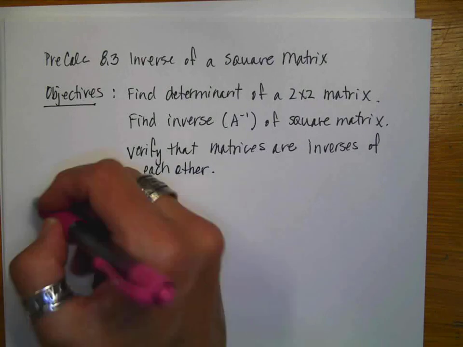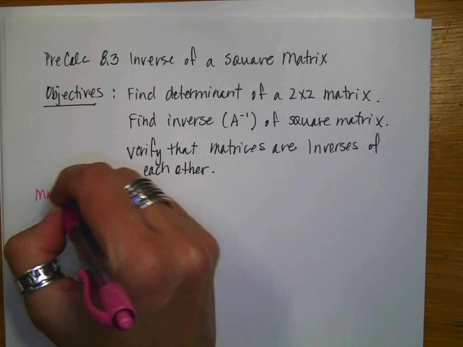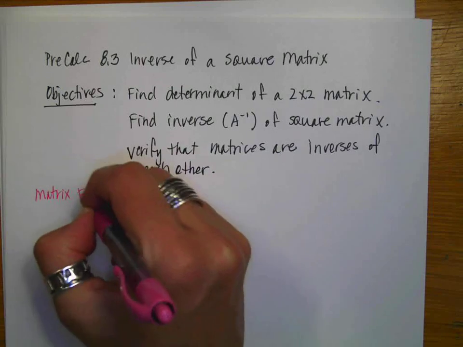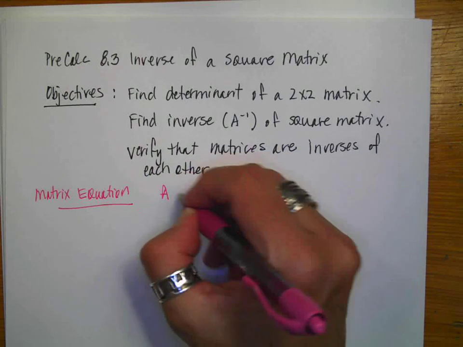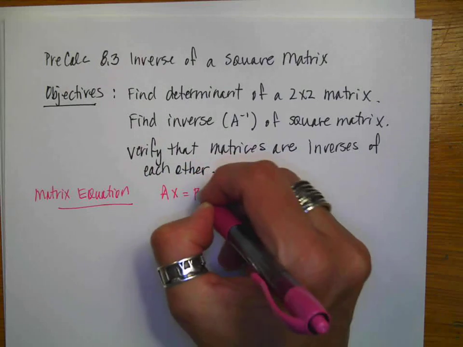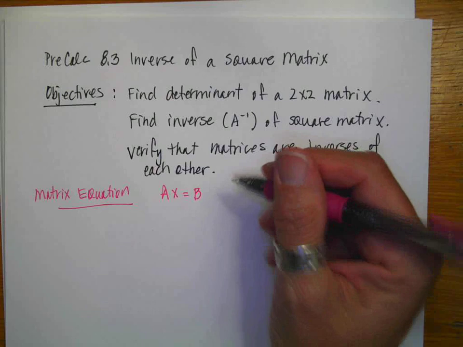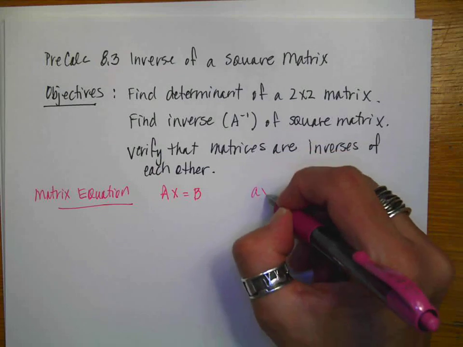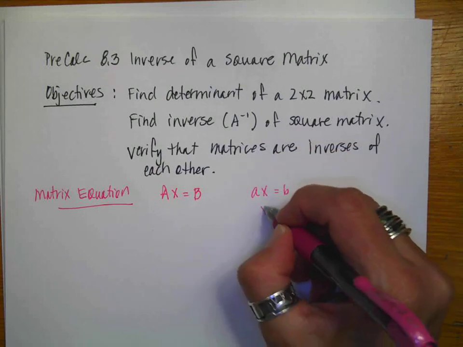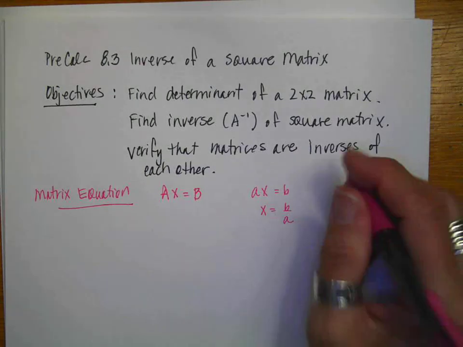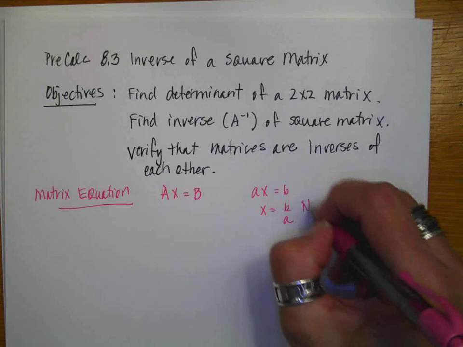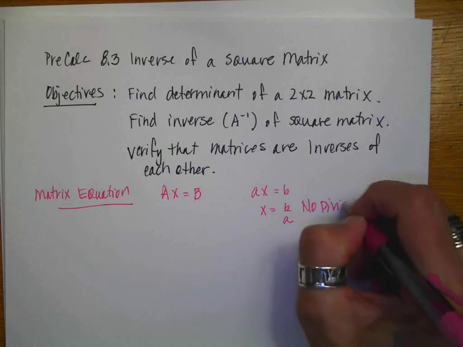So let's start by talking about a matrix equation. A matrix equation might be one where you have capital A times X is equal to B. If this were regular algebra, like AX equals B, then I could just divide by A. But in matrices, there is no division.